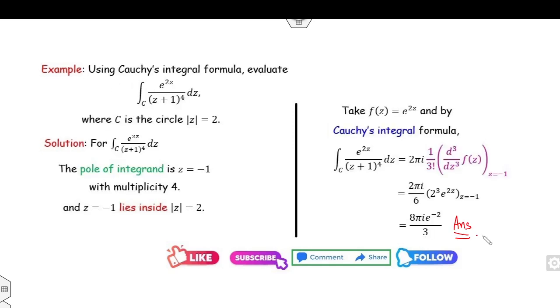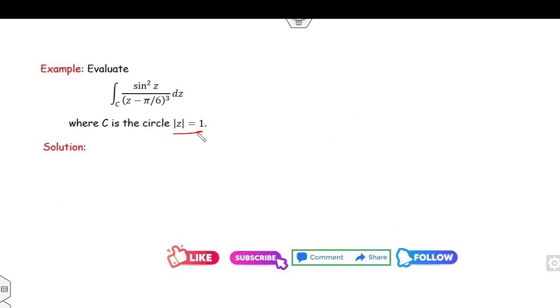Remember student, here the multiplicity is not 1. That's why we are using this derivative formula. Again, you can see this is the equation of the circle. You can draw it. And can you find the pole? The pole is (z minus pi by 6) cube equal to 0. That means z will be pi over 6 with multiplicity 3.